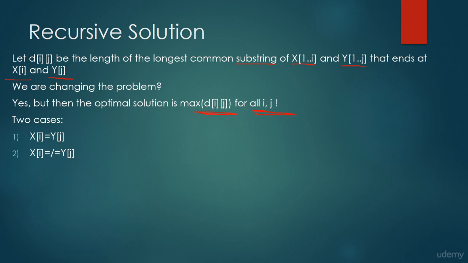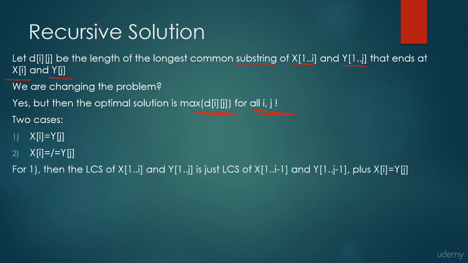Now, there are two cases as usual: xi is equal to yj, or xi is not equal to yj. If xi is equal to yj, then the longest common substring of x1 to i and y1 to j ends at xi and yj.